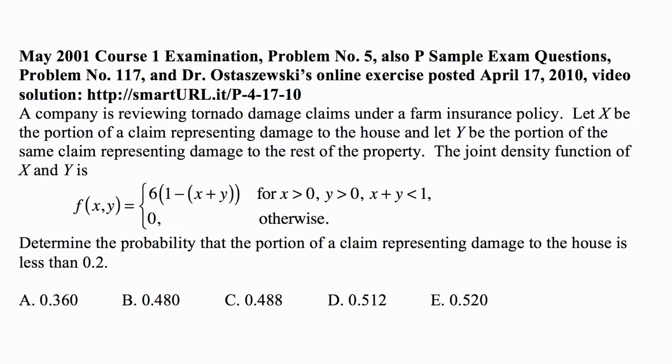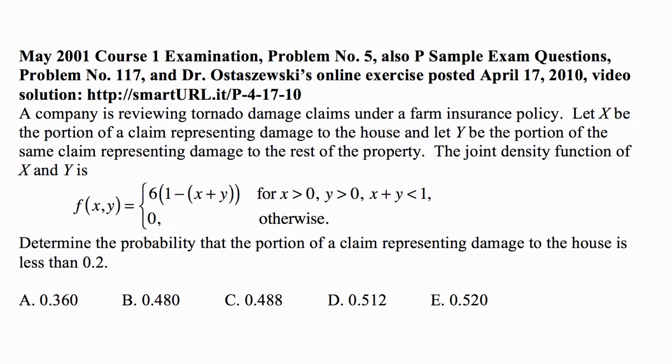Here's a problem for today for exam P on probability. A company is reviewing tornado damage claims under a farm insurance policy. Let X be the portion of a claim representing damage to the house and Y be the portion of the same claim representing damage to the rest of the property. The joint density function of X and Y is f(x,y) equal to 6 times (1 minus (x plus y)) for x greater than 0, y greater than 0, and x plus y less than 1, and 0 otherwise.